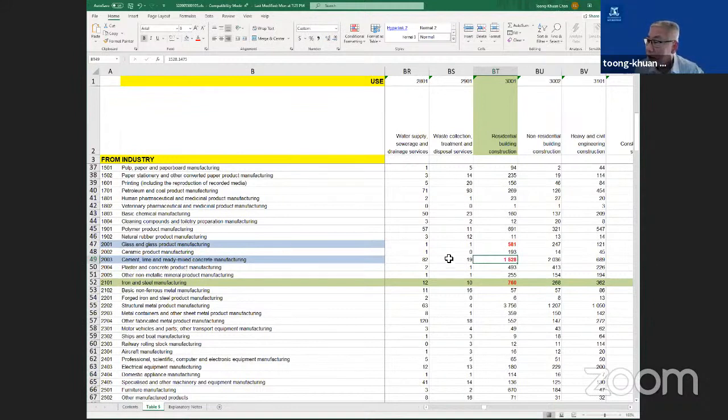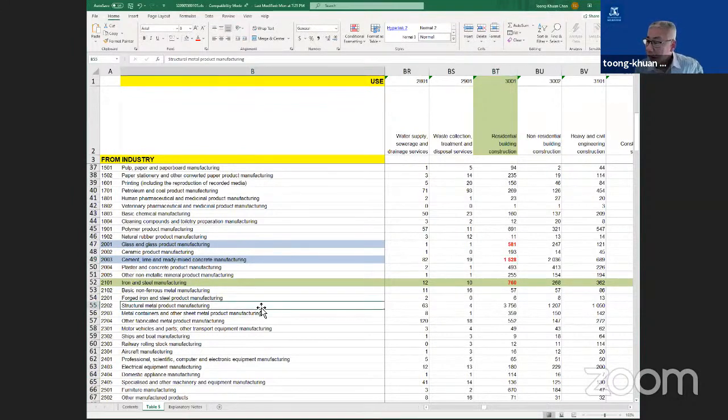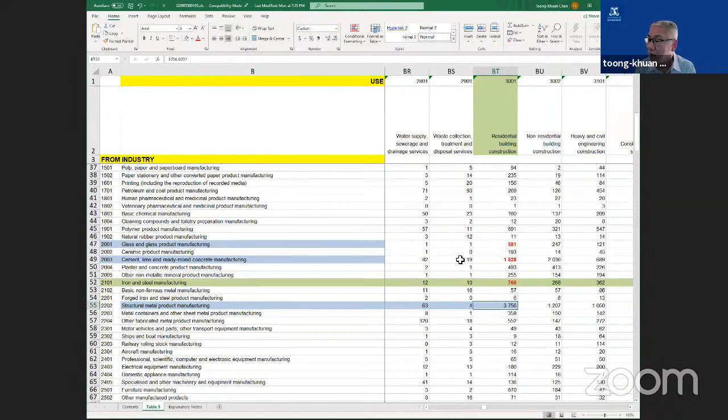Okay, cement is quite high, 1,528 million. Structural steel, metal products. So immediately you can see exactly what the products are, what goes from the manufacturing industry into the residential housing sector.